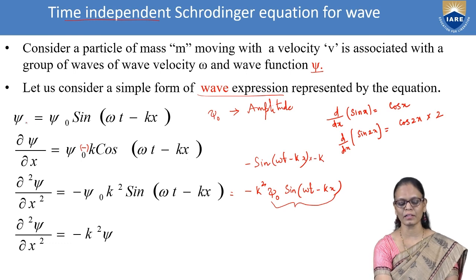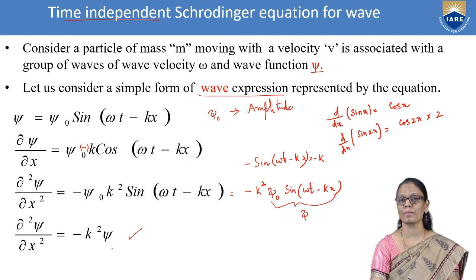It is nothing but psi. Psi is equal to psi naught sine(omega t minus kx). So for this, I can substitute psi. So what we get? Dou square psi by dou x square is equal to minus k square psi. So this is the first step where we are considering the plane wave equation.